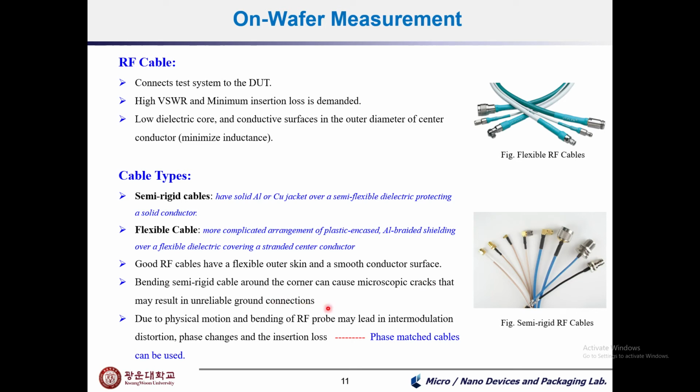Due to the physical motion and bending of the RF probe, it can lead to intermodulation distortion and phase changes as well as insertion losses. These days some phase matched cables are available, which can be used to minimize these losses.